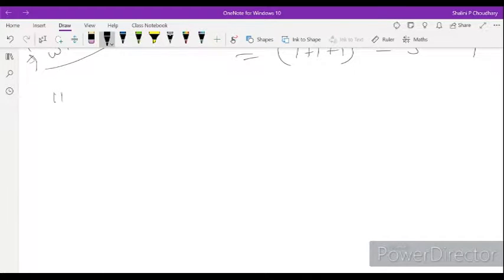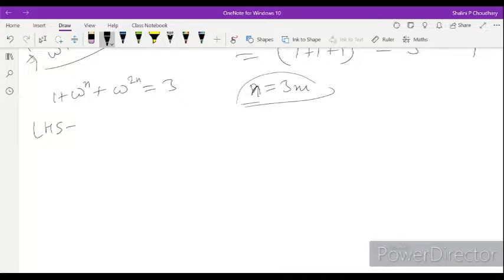Now we'll do one more question based on the same concept. Prove that 1 plus omega to the power n plus omega to the power 2n is equal to 3, if n is a multiple of 3. A multiple of 3 means n is 3m. So LHS is 1 plus omega to the power n plus omega to the power 2n; in place of n we write 3m.